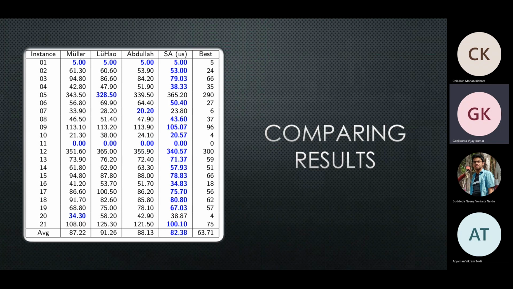On average, we have 82.38, which is very good compared to all of these. Even though we might not have reached the best, we have done very well compared to the previous algorithms. This is our algorithm. Over to you, Neeraj.